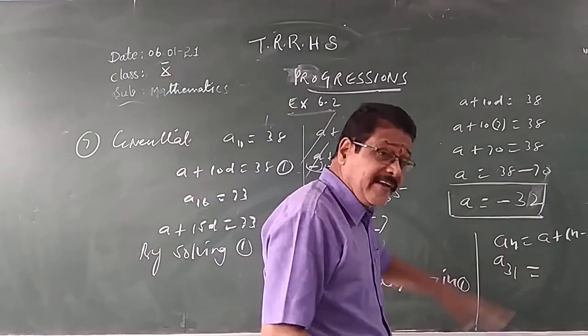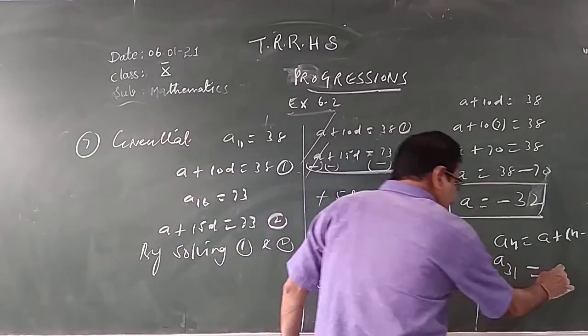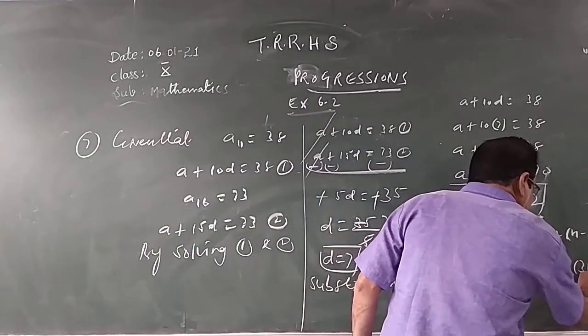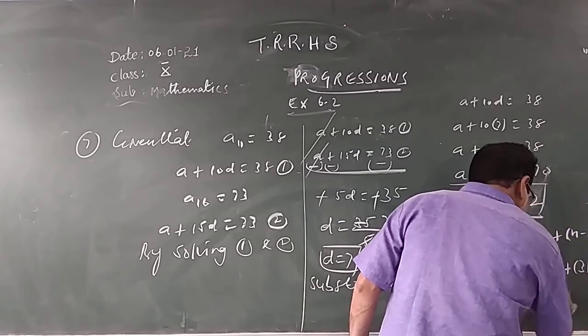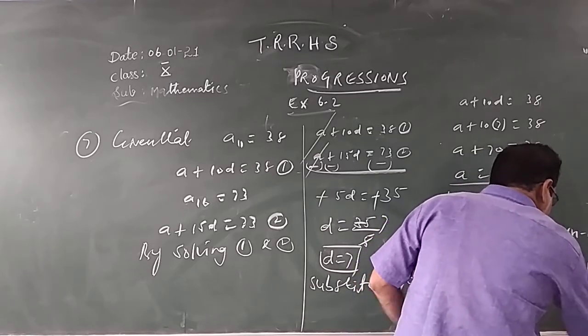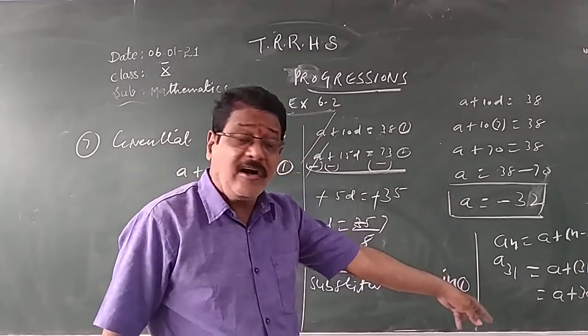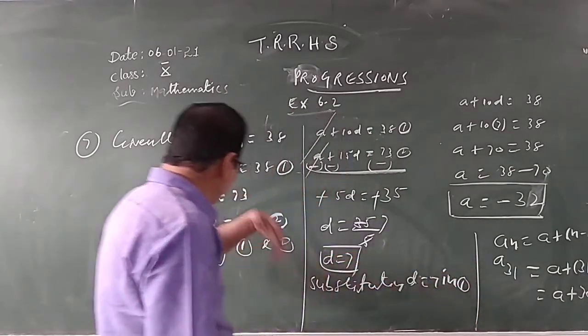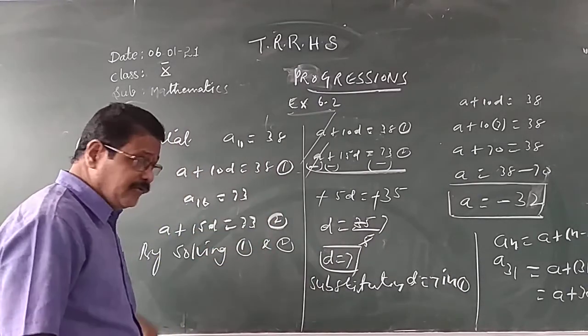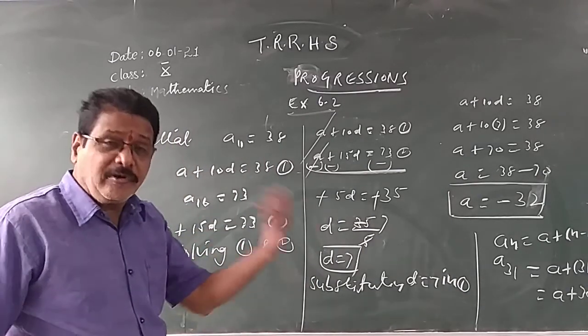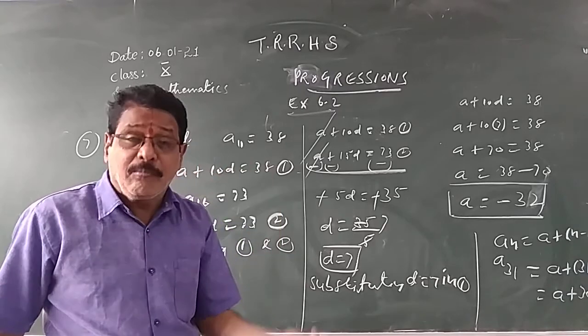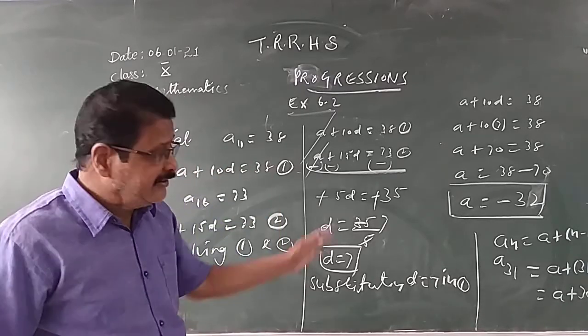The nth term is a plus n minus 1 d. Put n is equal to 31 here, 31 minus 1, so a plus 30d. Similarly, whichever term you want, put that in its place. If you want the 7th term, in the nth term formula put n is equal to 7. If you want the 6th term, put n is equal to 6. Like that, you will get it.